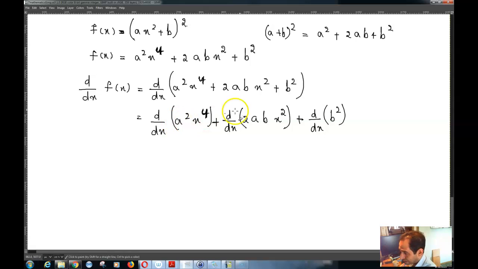Now this is again the same thing as u times v whole prime, which is equal to u prime times v plus u v prime.